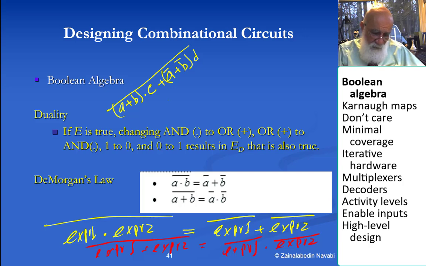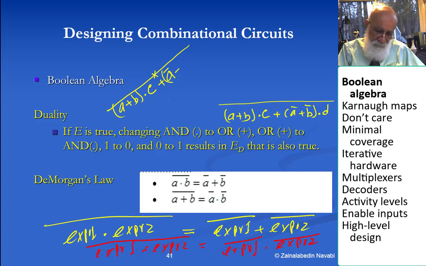First you break this at this position. A or B ANDed with C, ORed with A bar or B bar, ANDed with D. There is a bar on top of this.